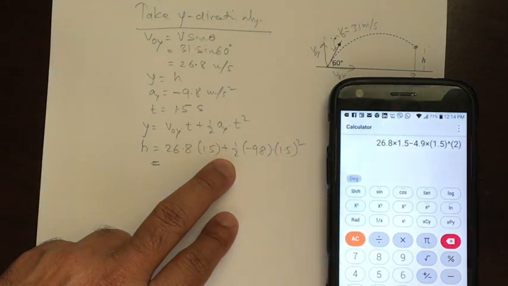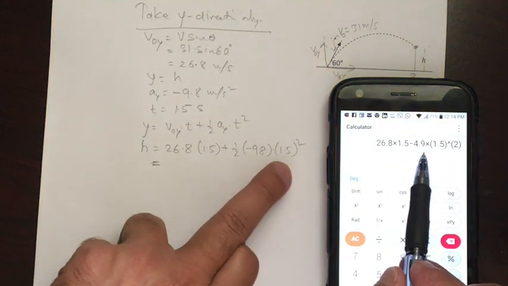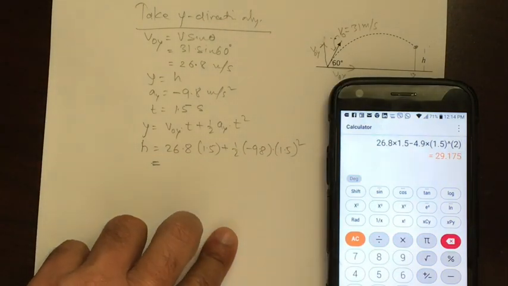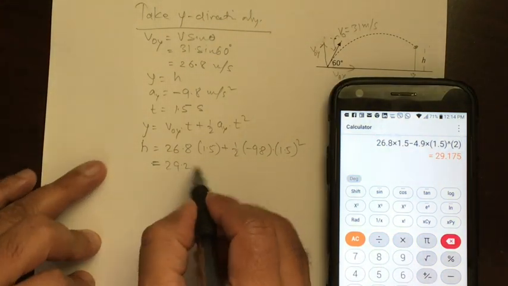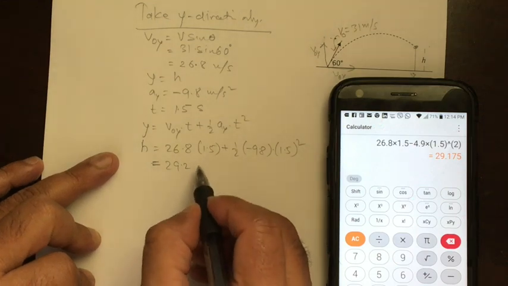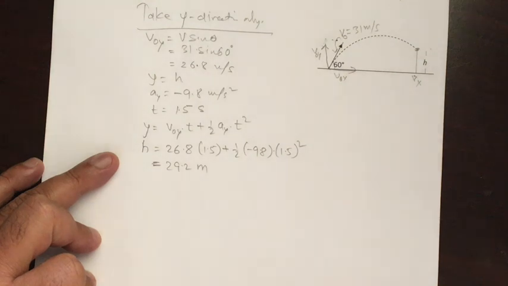Let me see if I typed it correctly: 1.5, 4.9, and 1.5 square. So this is 29.1, 29.2 meters. So okay, 29.2 meters.